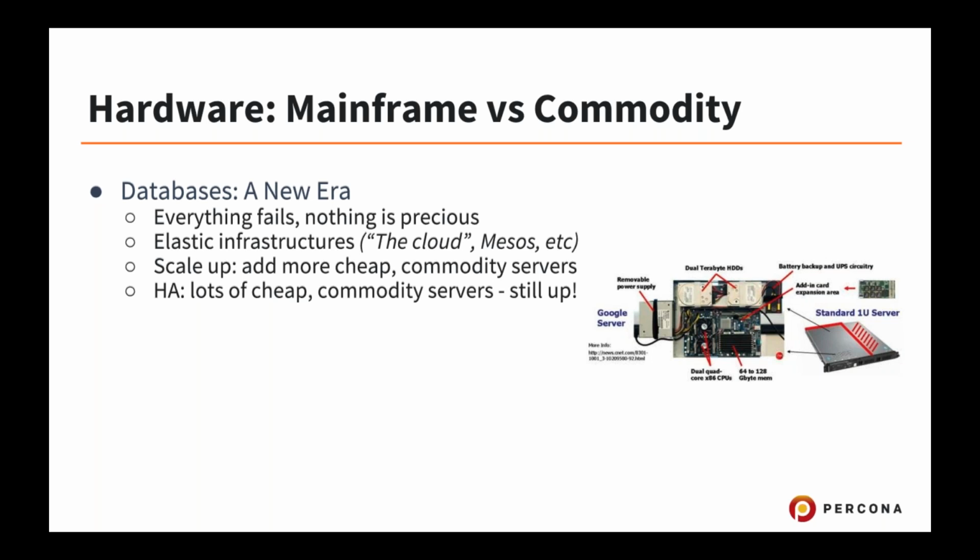In this image, there's a full case, but I believe Facebook's server is just an L bracket of steel with some cheap components on it. So the key here is things in this kind of new era of thinking is hardware is a more expendable thing. If it breaks, you throw it out and you put another cheaper server in its place instead of focusing a lot into one place with very expensive hardware.